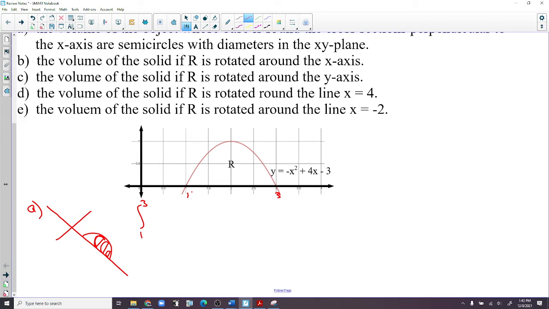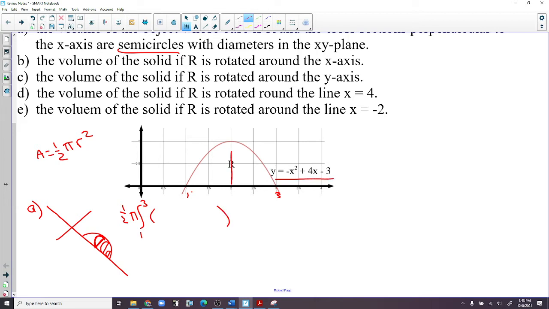The cross-sectional area is half of a circle, so 1/2 pi r squared. Just half circles, not full circles. Semicircles. All right, anyway, the diameters are sitting on the xy plane right here. So we have 1/2 pi, and the radius is going to be this function.